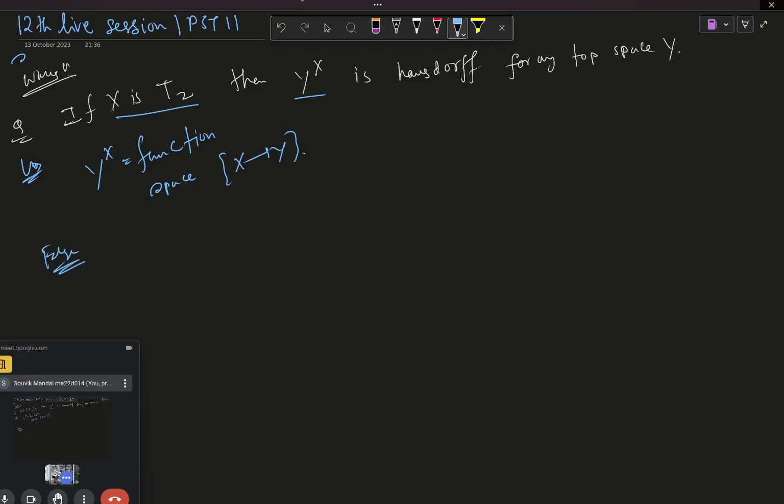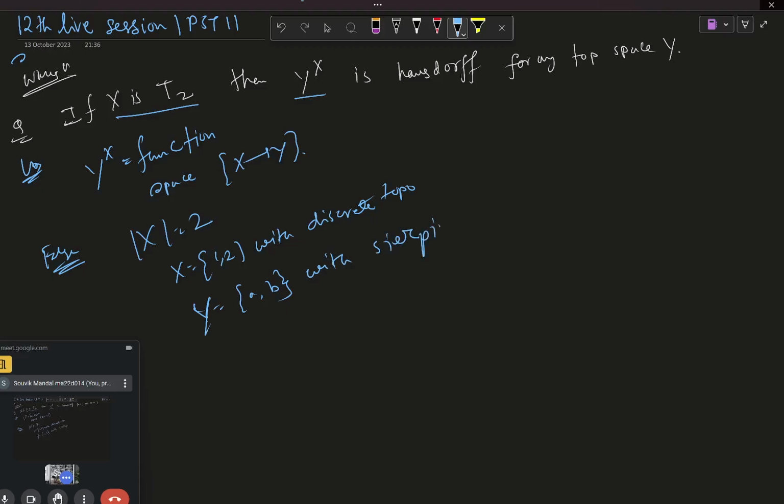For that, which counterexample may we choose? We can take X to be any set of two elements, that is X equal to {1, 2} with the discrete topology, and for Y we take the double-dot space {a, b} with the indiscrete topology, or we may choose any non-Hausdorff space.